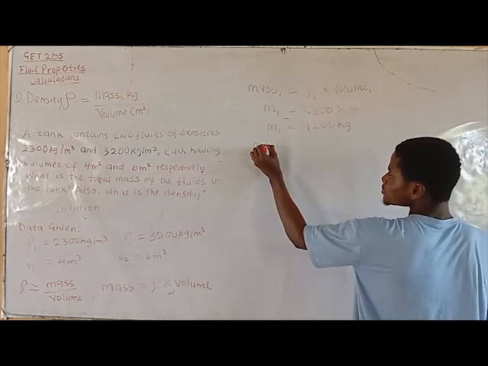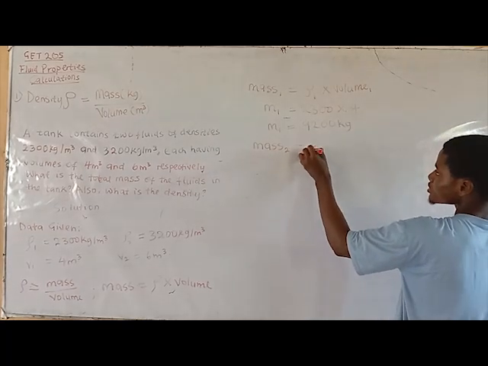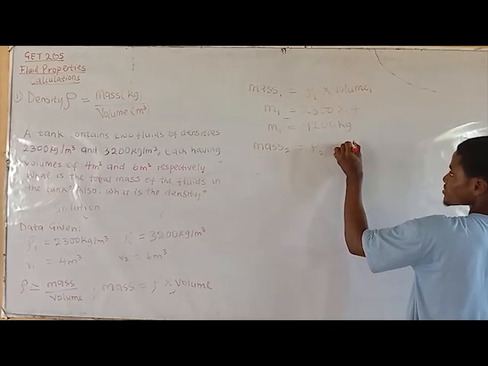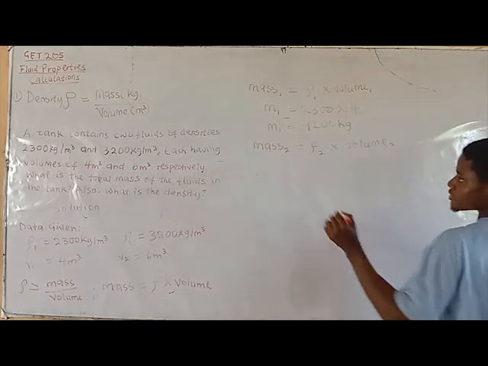So mass 2 equals density 2 times volume 2, right?